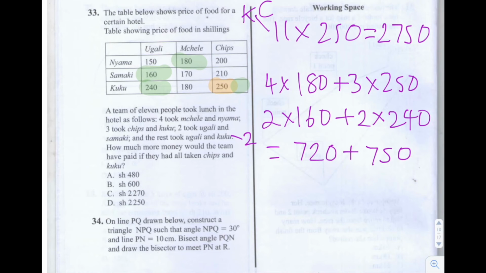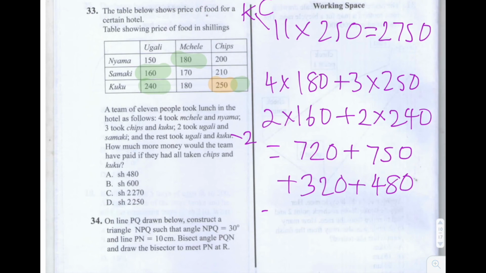Plus 2 times 160 is 320. Plus 2 times 240 is 480. So let's sum all of these. We end up with a total cost of 2,270 shillings.